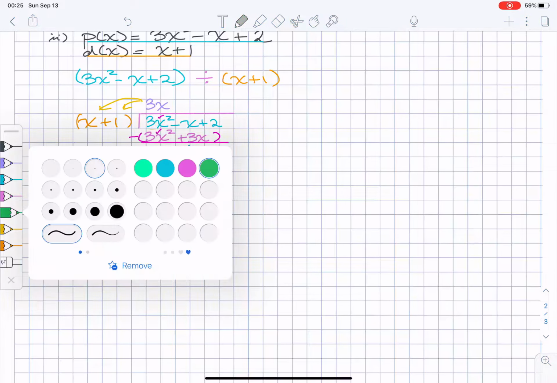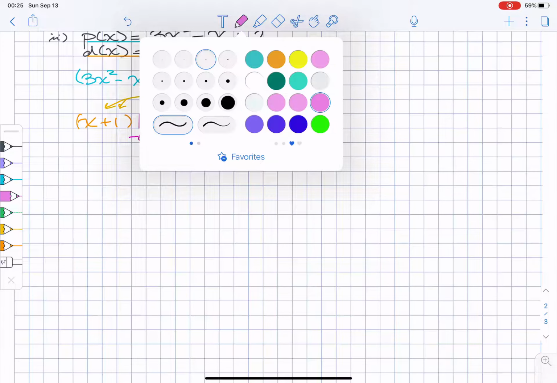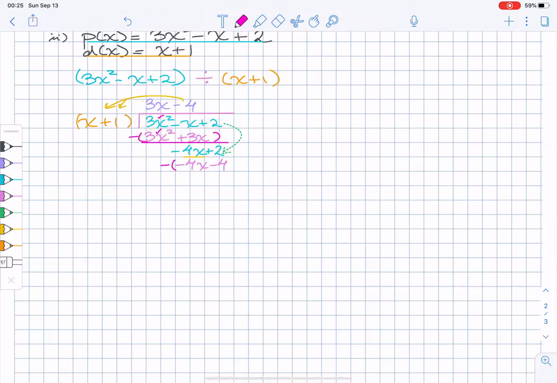So plus 2, and start again. What do I need to multiply x by in order to get negative 4x? I claim that that'll be negative 4. So distributing negative 4 to each term of the divisor gives us negative 4x minus 4, which I then subtract from the line above.